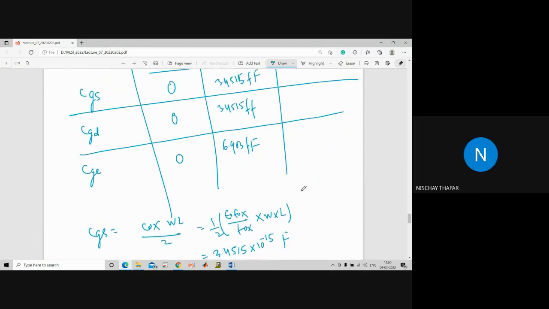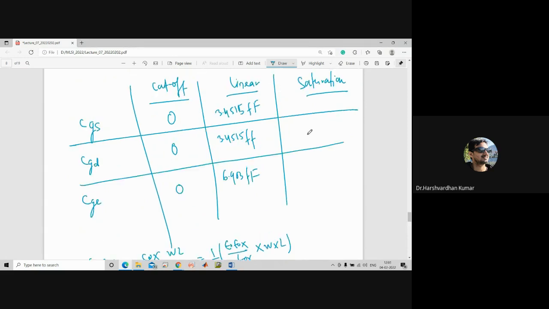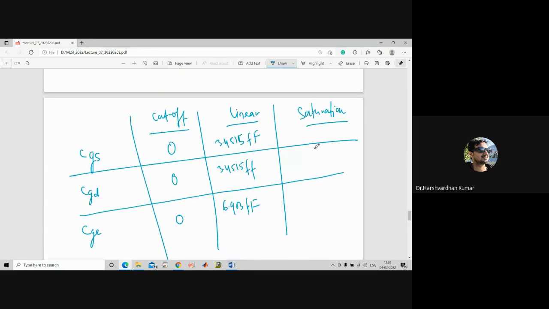4.602. So it will be 2 by 3, right? Okay. What about the gate to drain under saturation? Under saturation, it will be 0.